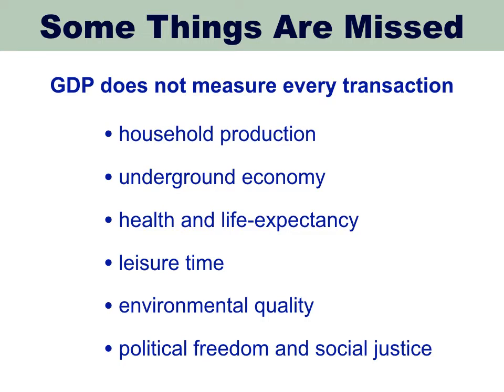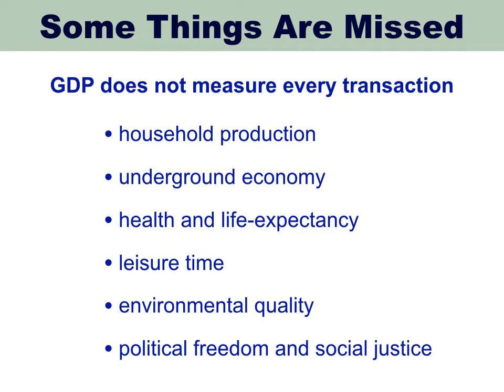We also see things like health and life expectancy not included. So these aren't factors, although we already know that health and life expectancy are related to GDP per person. Remember from earlier on when we looked at productivity that there is a correlation, but it is not directly measured.